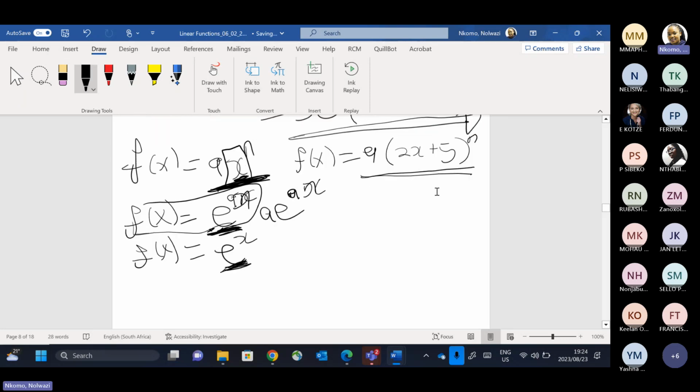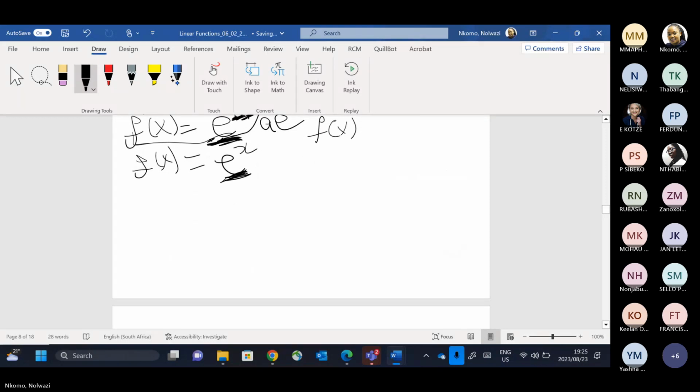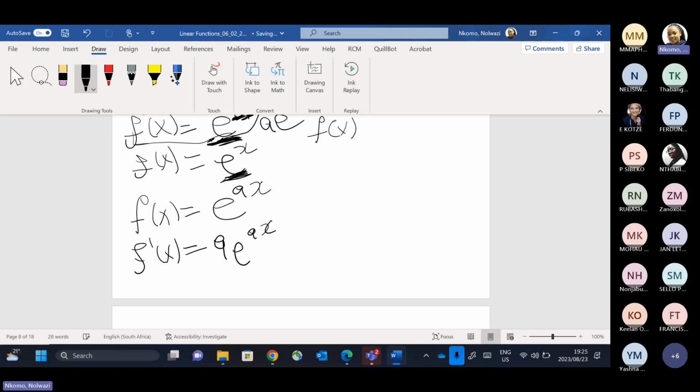Now, suppose here, again, where there is x, we have a function. Initially, we have e to the power ax, and we said f prime here would be a e to the power ax.